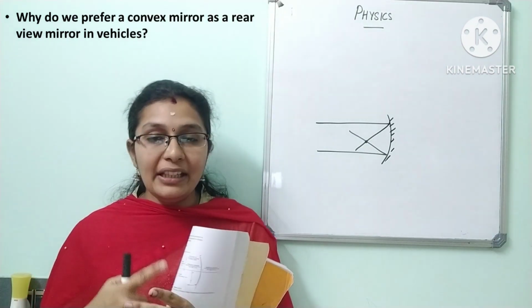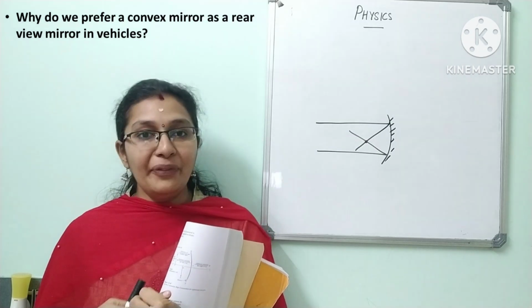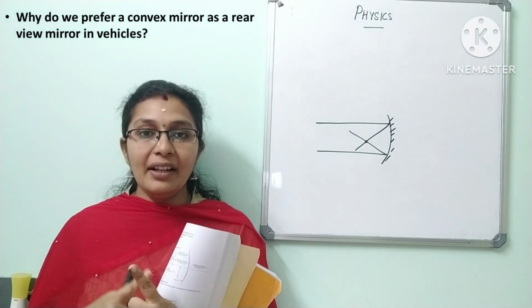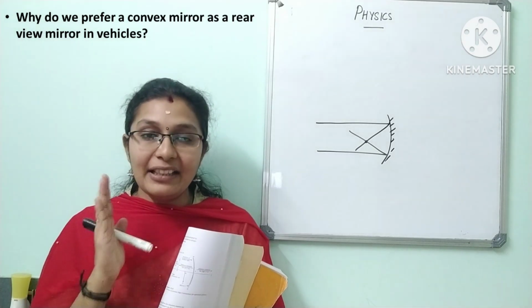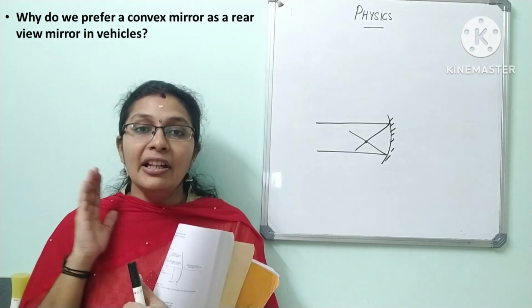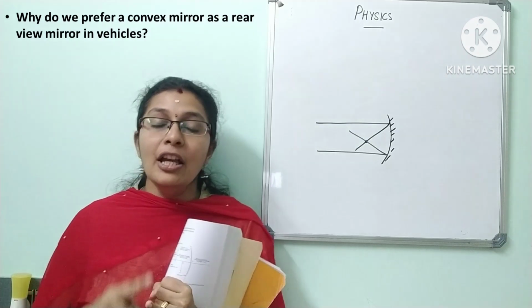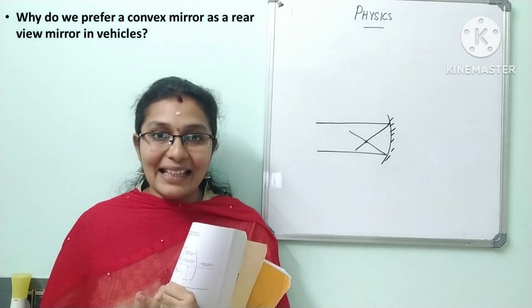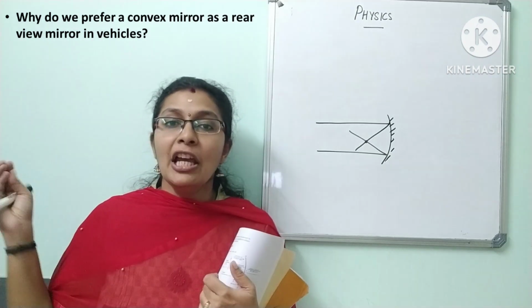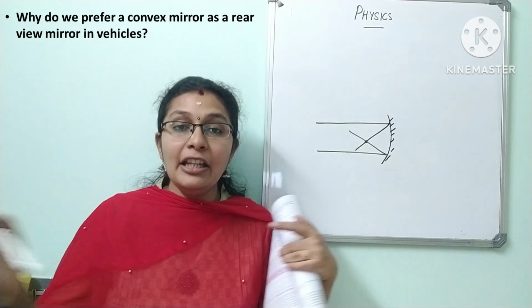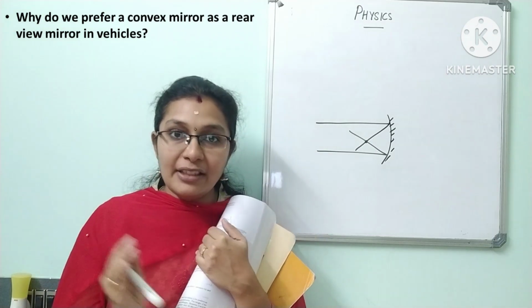Okay. Next, fourth question. Why do we prefer a convex mirror as a rear view mirror in vehicles? There are two main reasons why we are using convex mirror as a rear view mirror. One reason is, although it is producing diminished image, we get erect image. It is not inverted. Instead we get erect image. The second reason is it provides wider field of view. That means even though it is small, you can see so many objects covered in that small space.